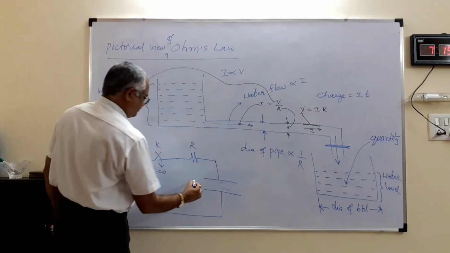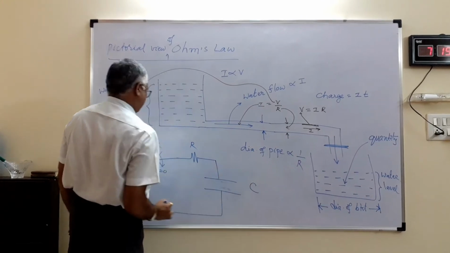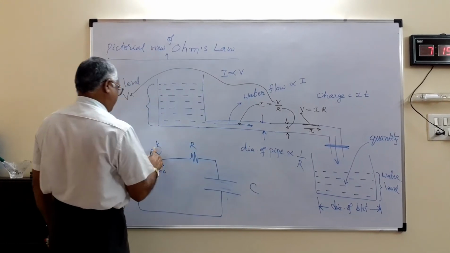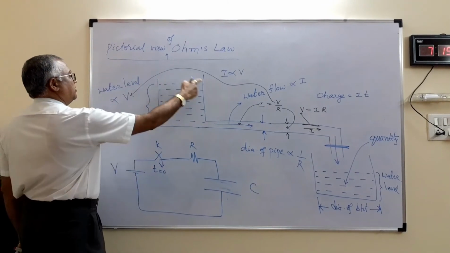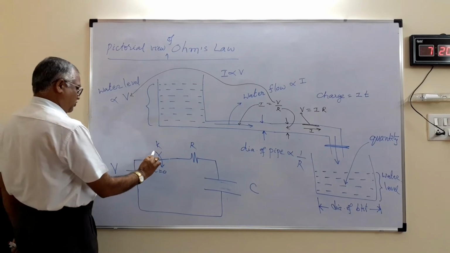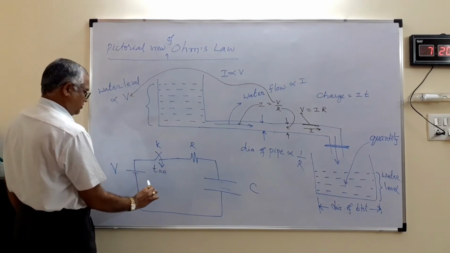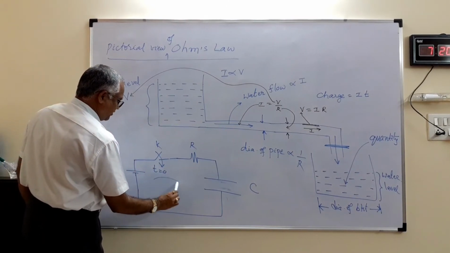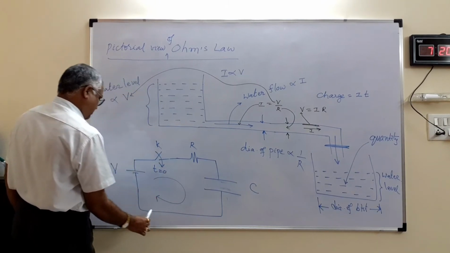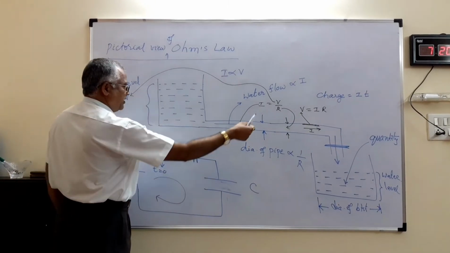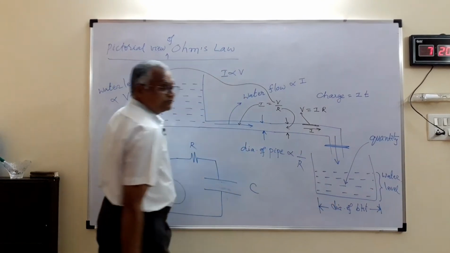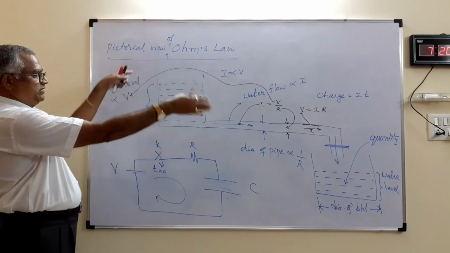The resistor, the bucket as capacitor, the tap as switch, and this tank as source. Whenever I close this switch, what is flowing? Current is flowing, like this. And when the tap is open, water is flowing like this.